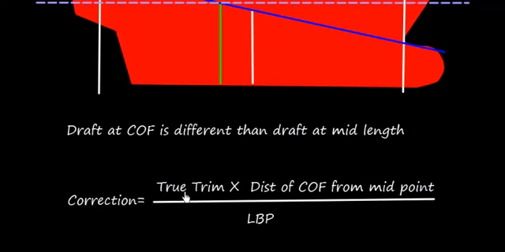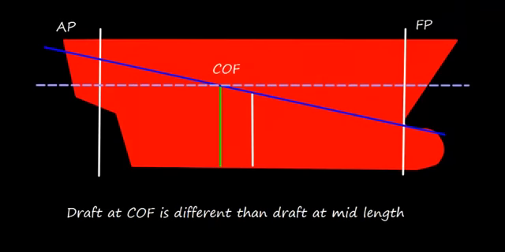The correction is going to be true trim into the distance of the center of flotation from midpoint divided by LBP. I can easily solve this equation to find out. Say for example, we have this small triangle here. This is the correction.